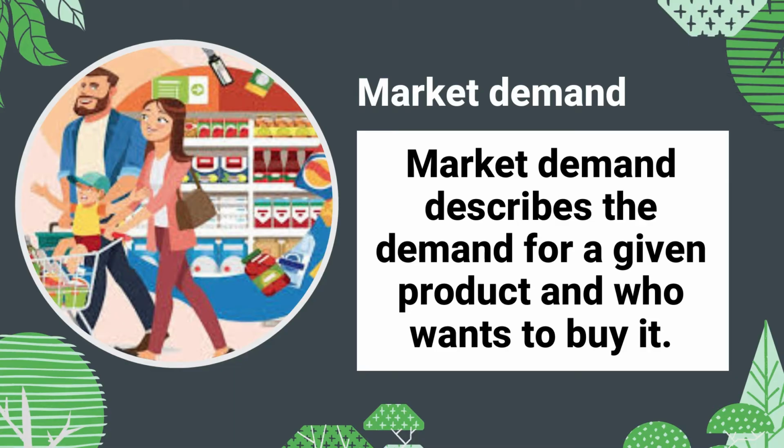This is determined by how willing consumers are to spend a certain price on particular goods or services. As market demand increases, the price also increases. When the demand decreases, price will go down as well.